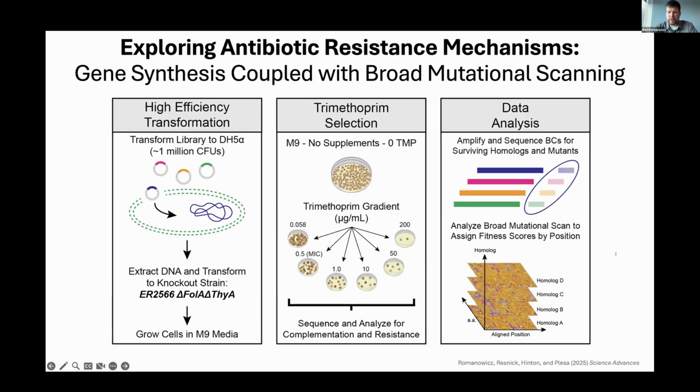And then following growth across our experimental gradient, we can actually recover the cells and then sequence their barcodes for surviving homologs and mutants. And then we assign fitness scores to the sequencing data based on the recovery counts. And we use our broad mutational scanning approach to evaluate complementation and also the resistance metrics.